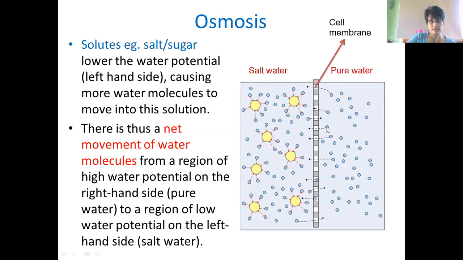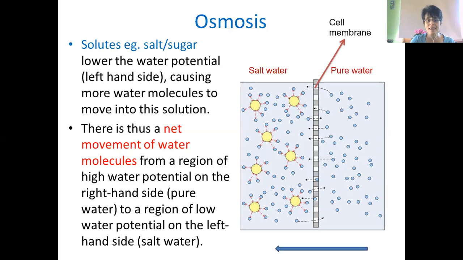So what's happening here? The region of higher water potential or higher water concentration is in the pure water. The lower water concentration or lower water potential is in the salt water. But hang on, why are some of these arrows facing from left to right? Well, that's because water molecules are small enough that they can pass through the membrane in both directions.